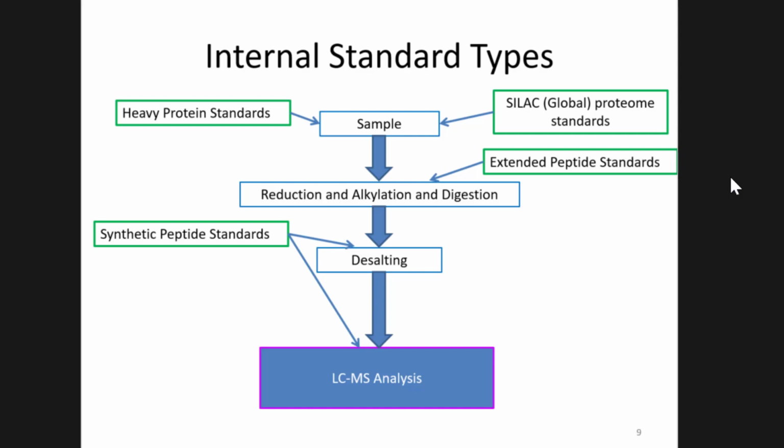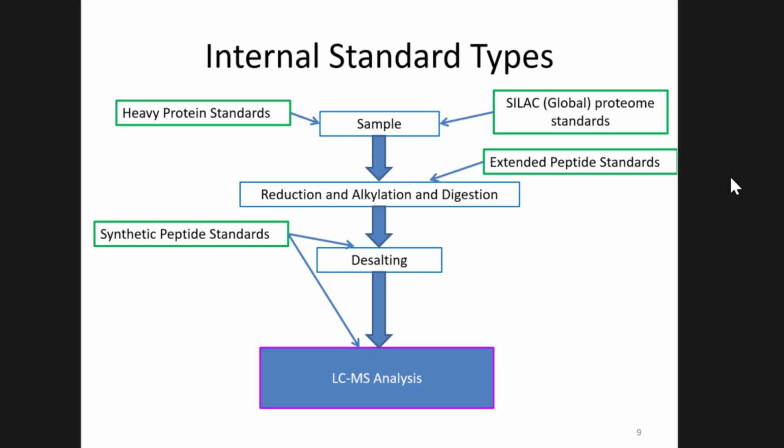And then heavy protein standards, these are not always possible, particularly if you work with membrane proteins or proteins that are insoluble or super huge, or they can't be expressed. So if you have the option to use them, they get you much closer to accurate measurements, but it's not always possible.